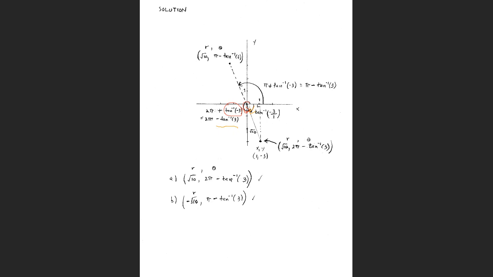So the arctangent of -3 would be negative times the arctangent of 3. And so that's going to give you the answer to part A, square root of 10, and then 2 pi minus the arctangent of 3. And that's what WebAssign's going to want, class. It's not going to accept a decimal. It's going to want an exact answer.